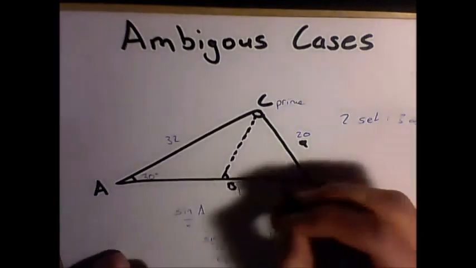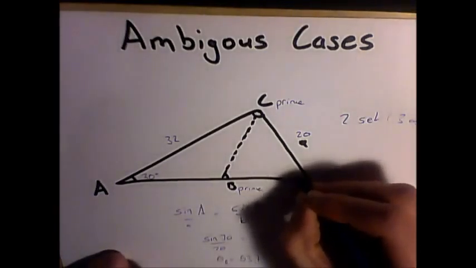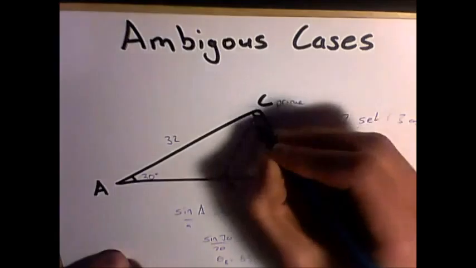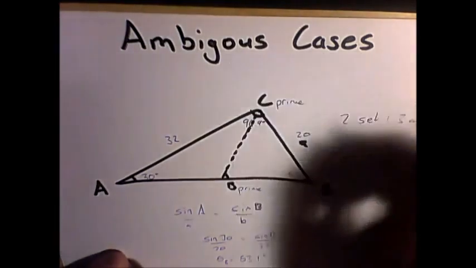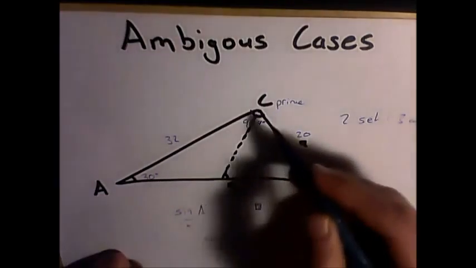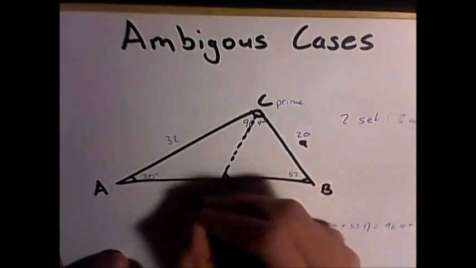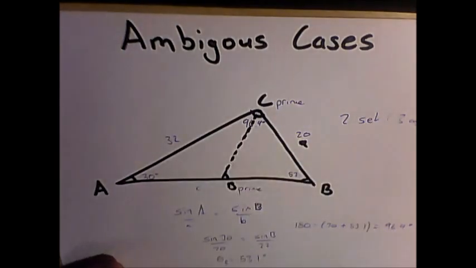And so now we have our angle B value, 53.1, our C value right here, 96.9 degrees, and we can also calculate our side C to complete this one triangle.